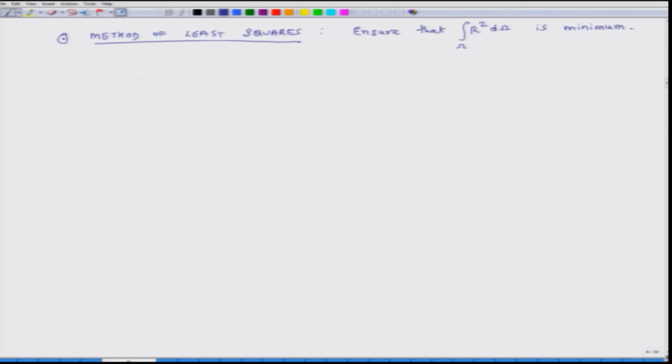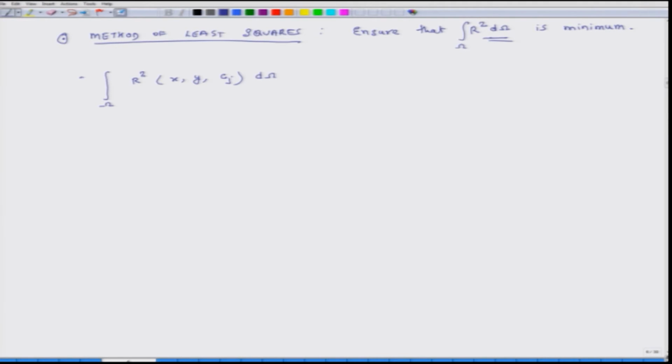So, we will discuss this in detail. My residue is a function of x, y and Cj, and this residue is integrated over the domain. If this integral is minimum, for anything to be minimum, what does that mean?